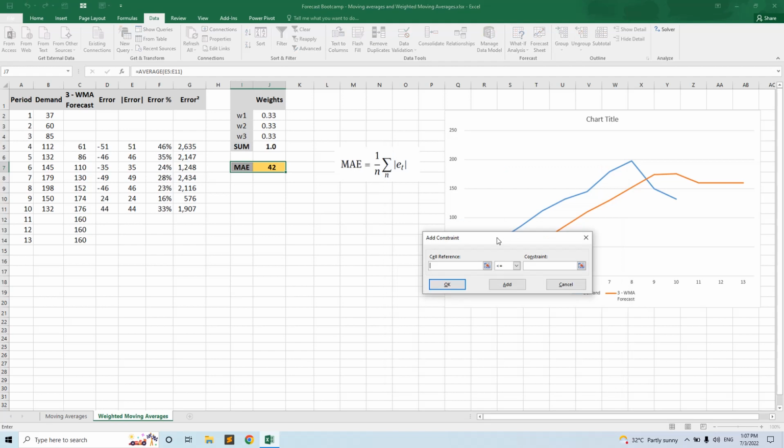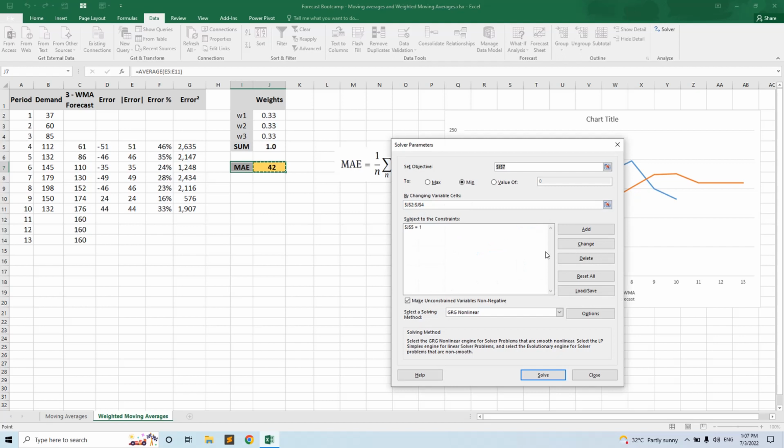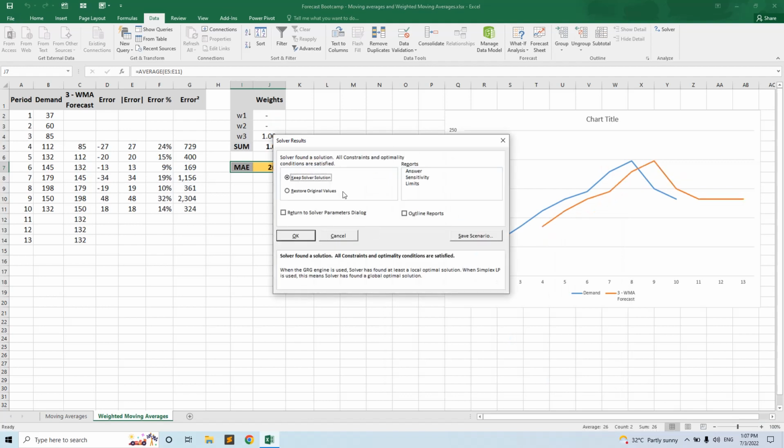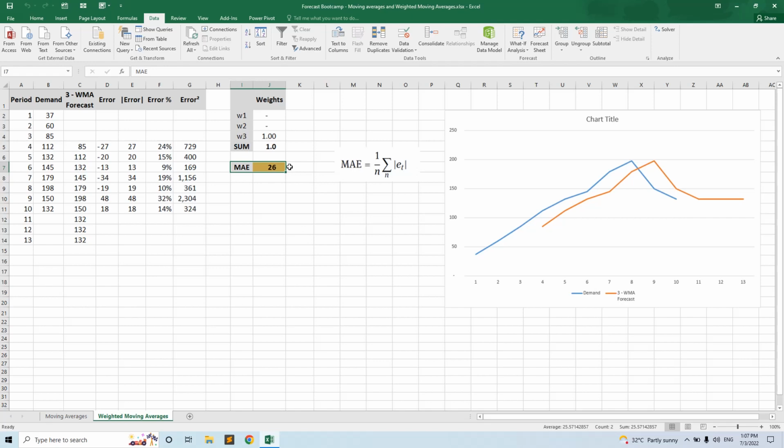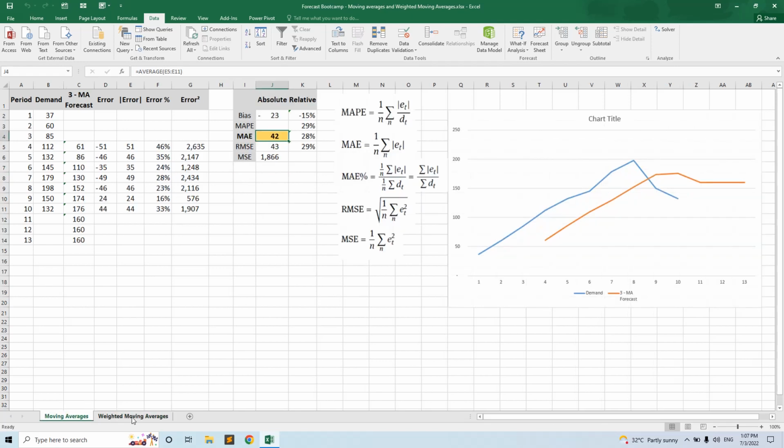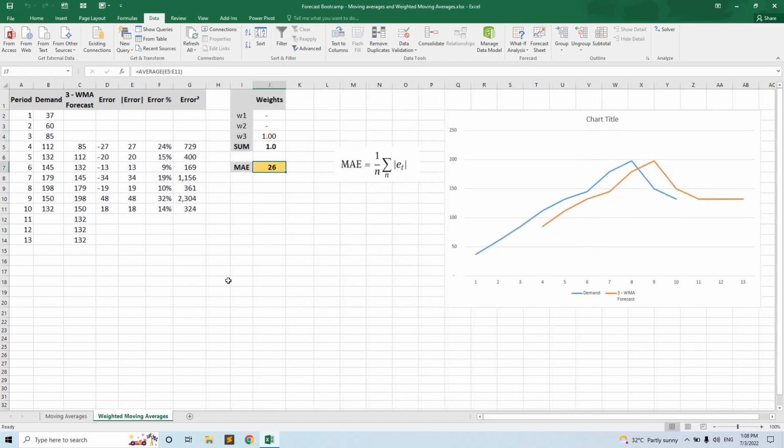So we add a constraint and we say like this, cell reference here, the sum, equal with 1. And use the GRG nonlinear method, and solver already found a solution. We see that the mean absolute error is now 26 compared with the moving average.